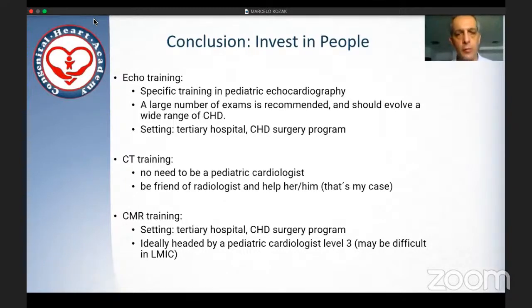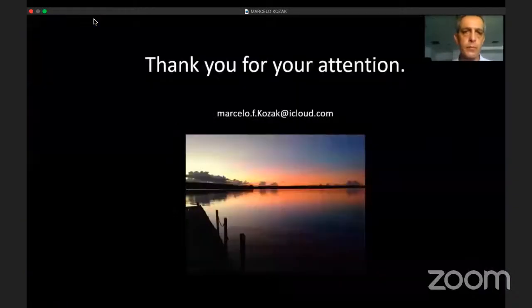Be a friend of the radiologist and help her or him. That's my case. The CMR training is very similar to the pediatric echocardiographic training. Ideally, it needs to be handled by a pediatric cardiologist, level 3, but this may be difficult in LMIC for several reasons.